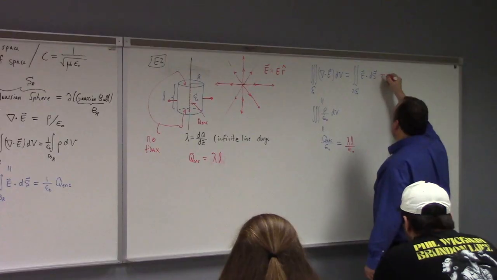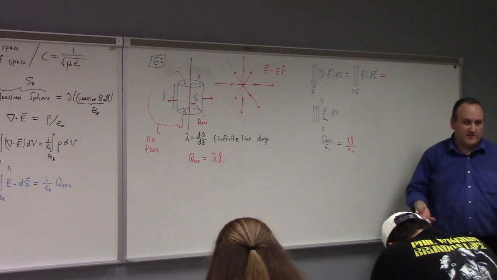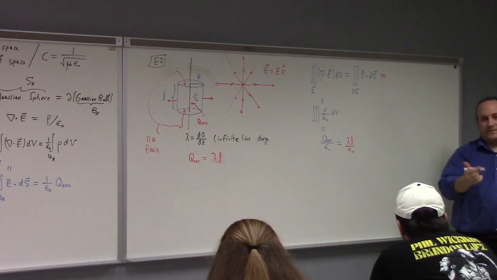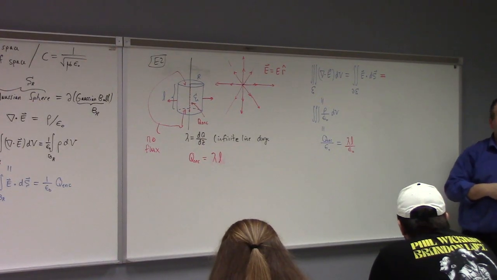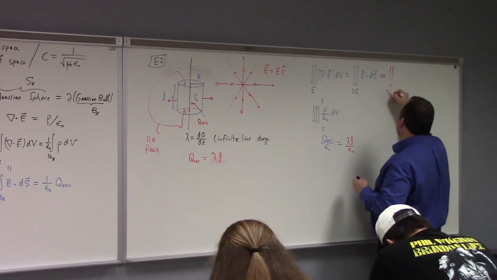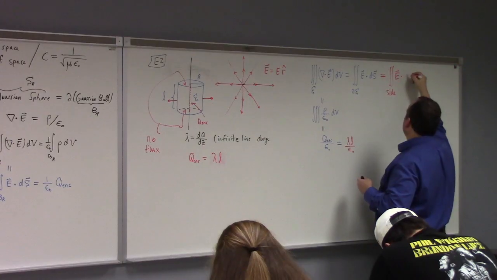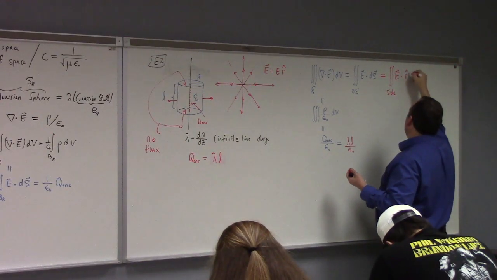But you see the flux here is a little bit more interesting than the sphere. It's not the totality of the surface that matters. It's just the side of the cylinder that gives us flux, right? So we have the integral over the side of E dot, well, it's r hat dS, isn't it?